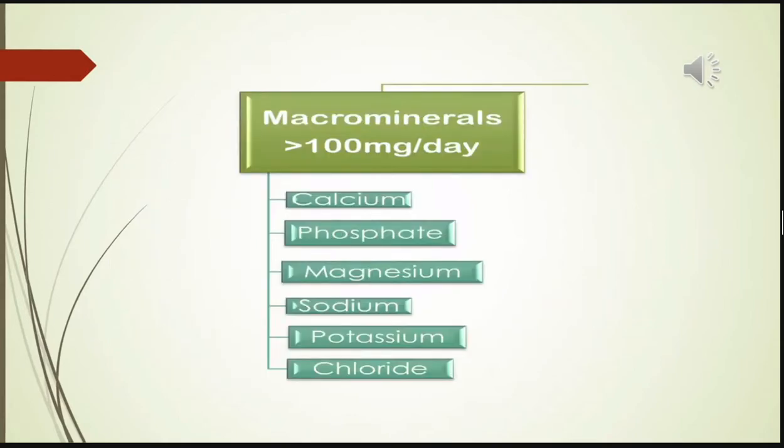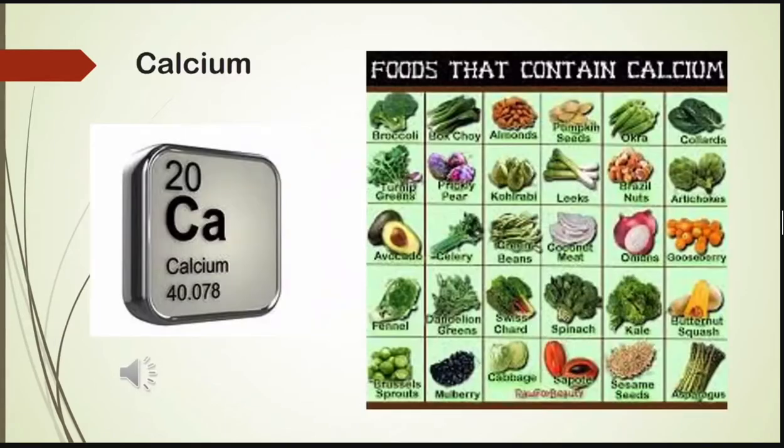First, we will tackle the macrominerals. These are the essential minerals that your body needs greater than 100 milligrams of intake per day. First up is calcium. Calcium has an atomic number of 20 with an atomic weight of around 40.078.